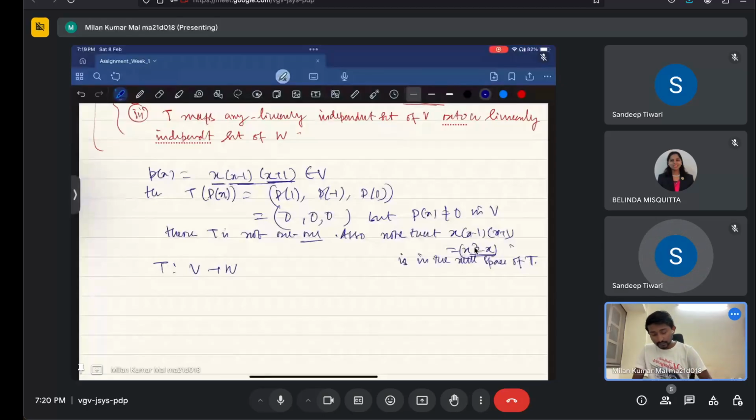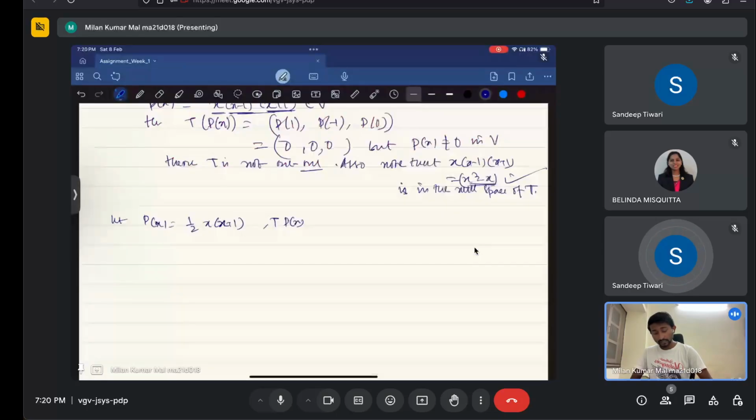So now let p(x) equal 1 by 2 x into x plus 1. Then by definition, T of p(x) will be first p(1), which is 1, p(-1), which will be 0, and p(0) will be 0. Similarly, when p(x) equals 1 by 2 x into x minus 1, then T of p(x) will be p(1) equals 0, p(-1) equals 1, and p(0) equals 0.